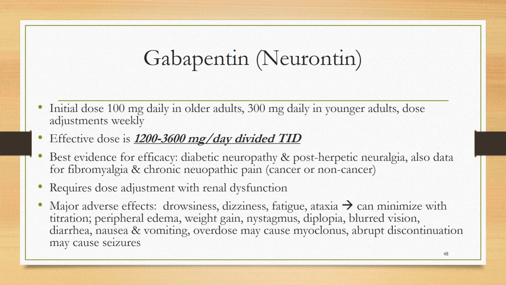So the caveat to this is, if they have renal impairment, this is heavily renally eliminated, so you'll have to dose adjust. The best evidence for this is with diabetic neuropathy, postherpetic neuralgia. There's also data with fibromyalgia and chronic neuropathic pain, cancer or non-cancer. And so in general, just be aware that you can use gabapentin.